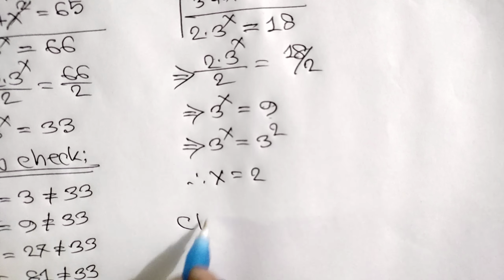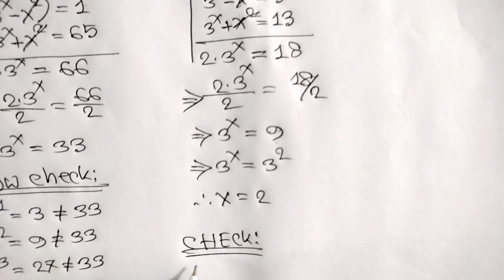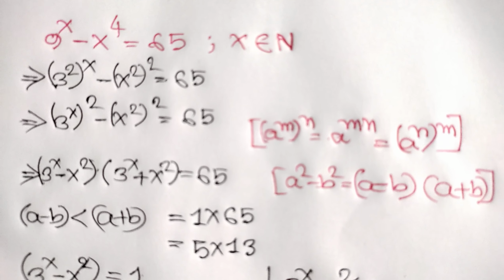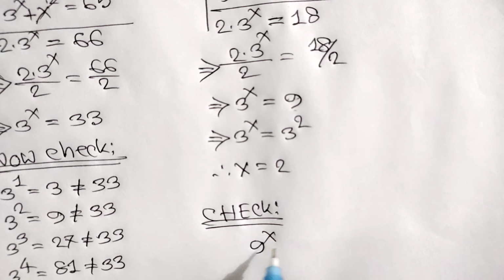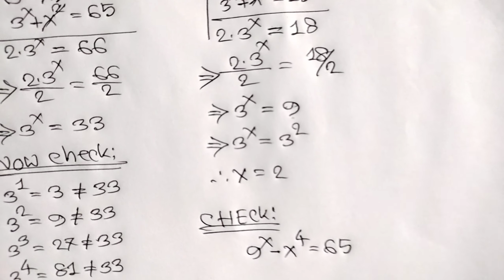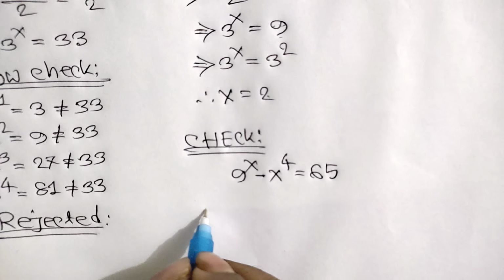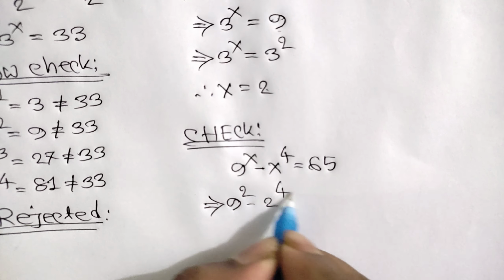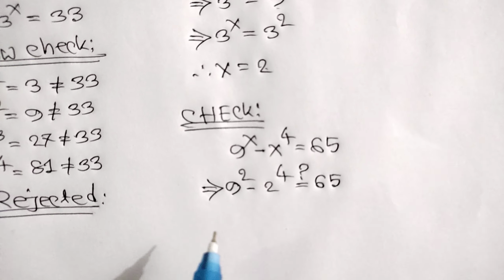Now check. The question has given 9 to the power x minus 4 to the power x is equal to 65. Here x is equal to 2, so we can write 9 squared minus 4 squared... is it equal to 65?